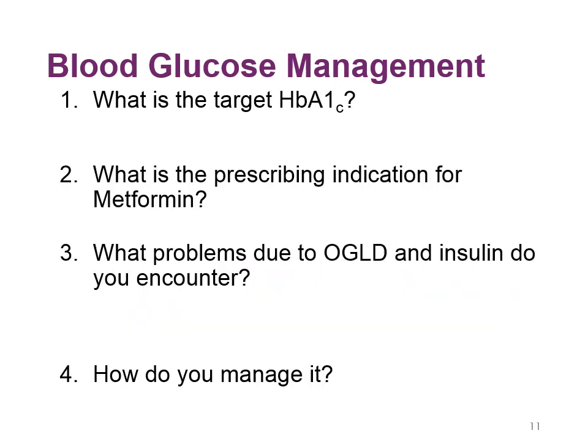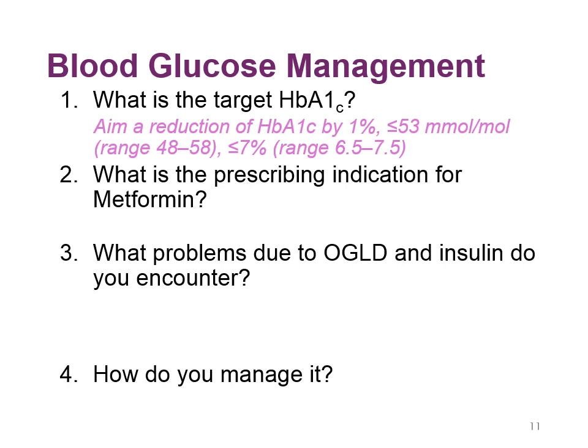So what is the target HbA1c for this patient, especially for blood glucose management? We need to aim for a reduction of HbA1c by at least 1% to get to less than 7%.